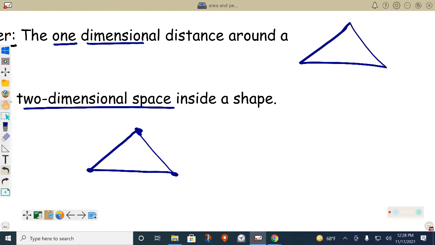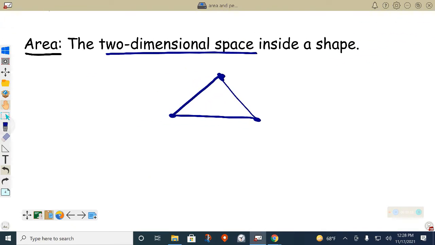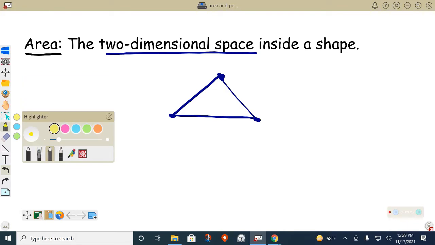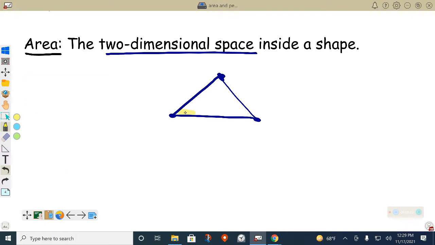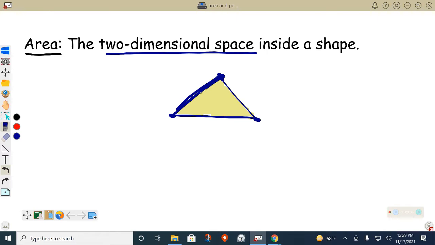The two-dimensional space inside a shape. So watch this. This is a flat surface. This is two-dimensional because it's got length and width. This is 2D space. The perimeter is 1D: distance, distance, distance. That's perimeter. That's one-dimensional. Area inside is 2D.